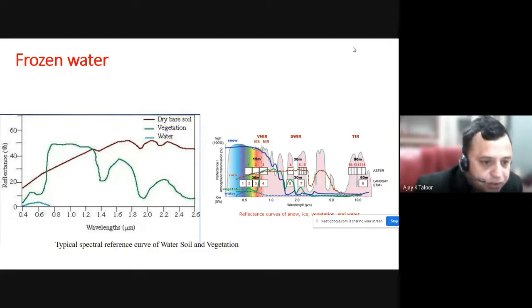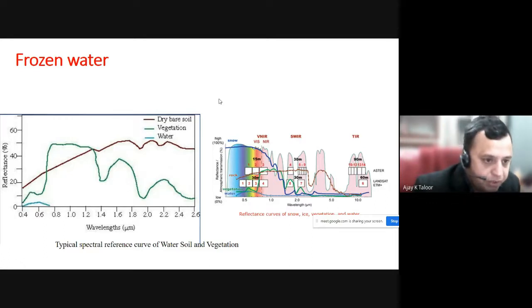If you see here for snow, ice, and vegetation, for the snow cover the reflection is very high. In water, reflection is very low in the optical data, whereas in the case of snow the reflection is very high. That's why the snow cover appears bright, or white, in the satellite image in FCC in optical data.